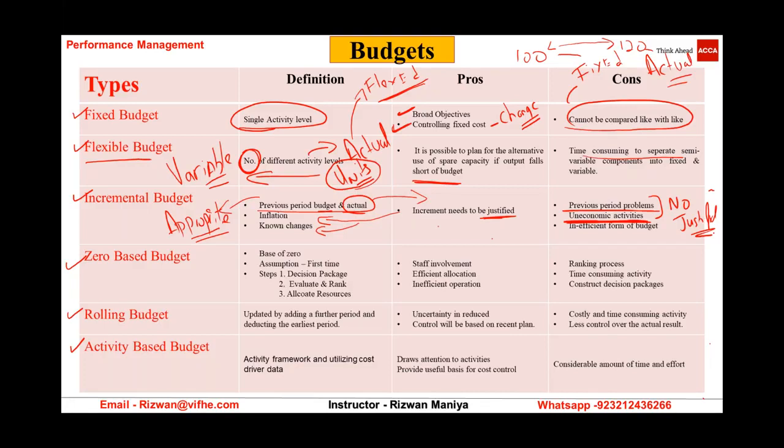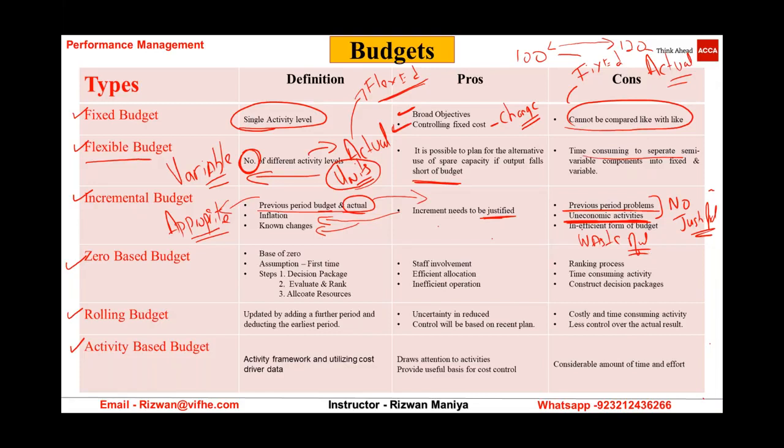So that's why we say that incremental budget is one that results in wasteful spending as well. Obviously, because things which are not required will be incurred in order to ensure that budget remains intact.